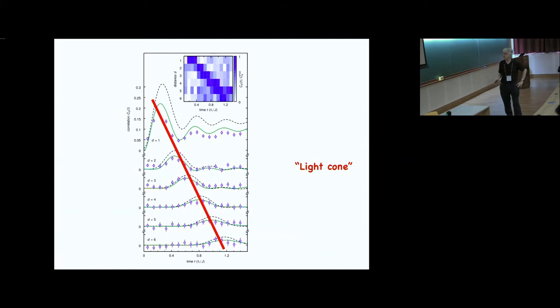And basically what you see is, if the separation is large, initially there is no signal, and then you start having a signal. If you track the position of the first peak where the response of the connected correlation function becomes sizable, it follows some kind of linear behavior at short times, which is what they study here. So there is a light cone effect in experiments too. This was the first experiment that I think measured this, but it has since been seen in many other experiments, as you might expect.